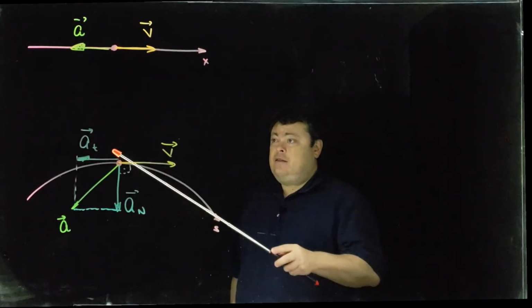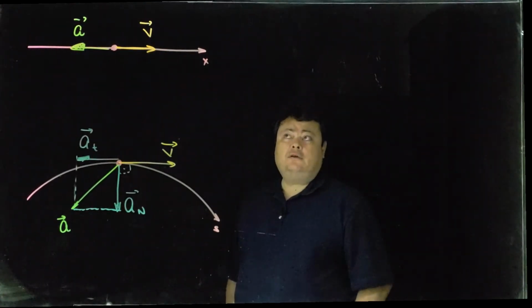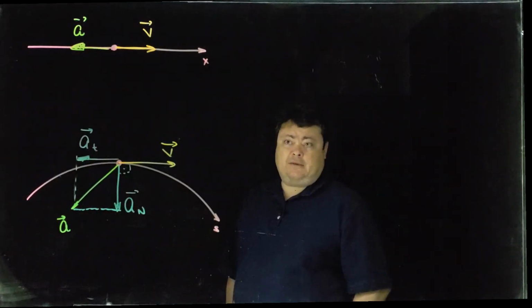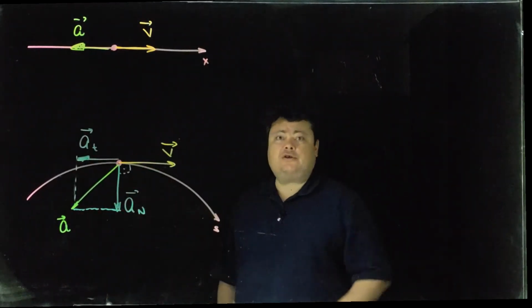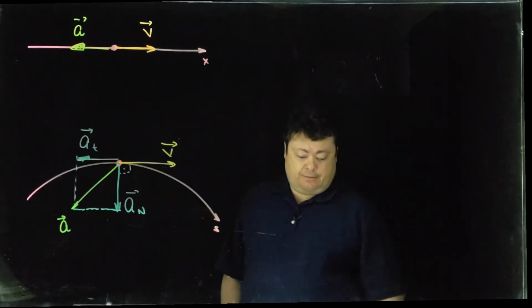Okay? And this tangential acceleration is exactly the same as what we had before. It's the same acceleration that we had in our previous example. The normal acceleration is actually the new thing that we have in this system.